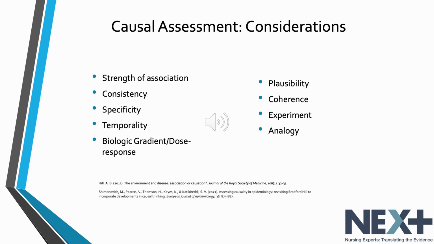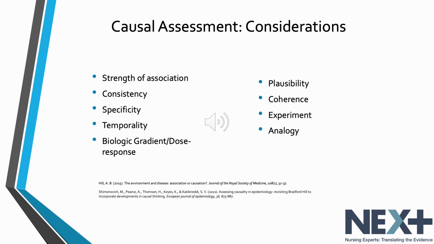Coherence. An association does not substantially conflict with current knowledge of disease, biology, or theory. Experiment. Eliminating or reducing exposure reduces the effect. For example, individuals who cut back or stop tobacco smoking lower the risk of lung cancer compared to those who do not cut back or stop.